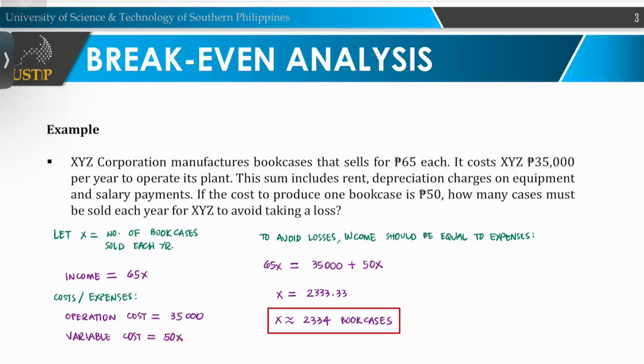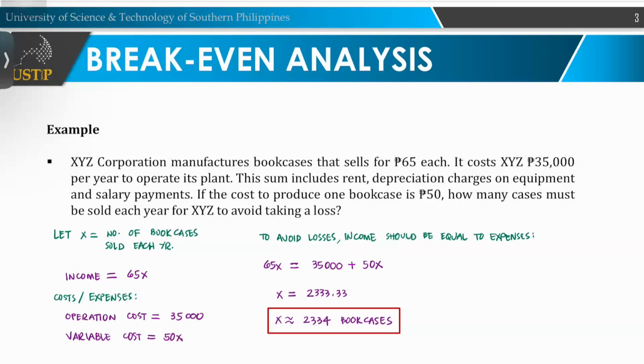Now the question, class, is how many cases must be sold each year for XYZ to avoid taking a loss. Now this statement right here, to avoid taking a loss, is actually referring to the break-even point, because in order for the XYZ company or corporation to avoid taking a loss, it must be greater than or equal to the break-even point, class.